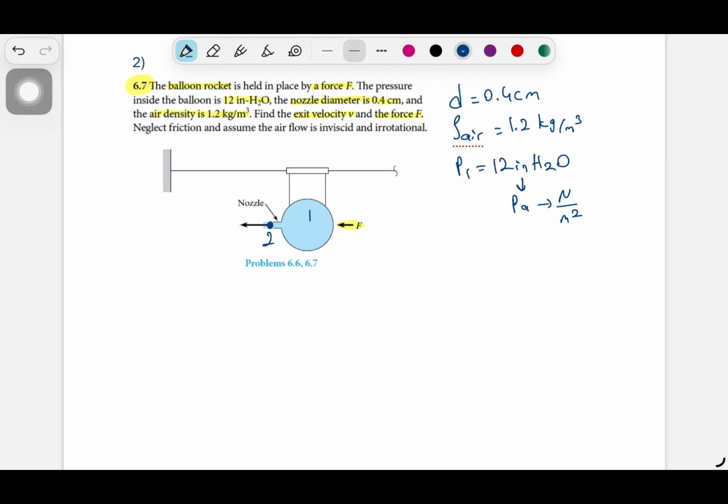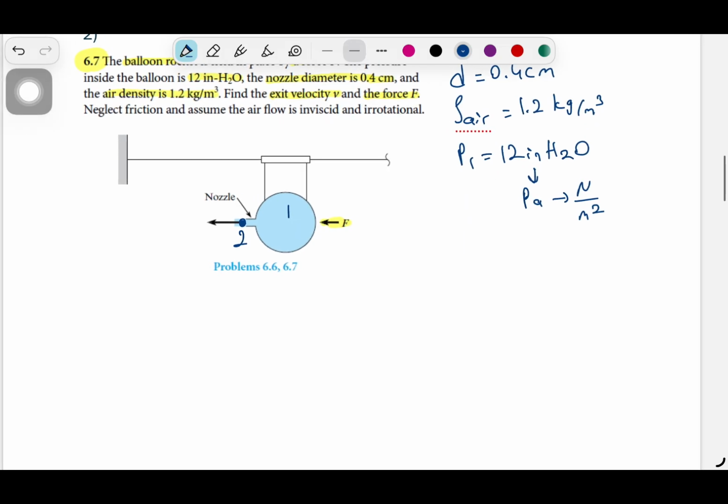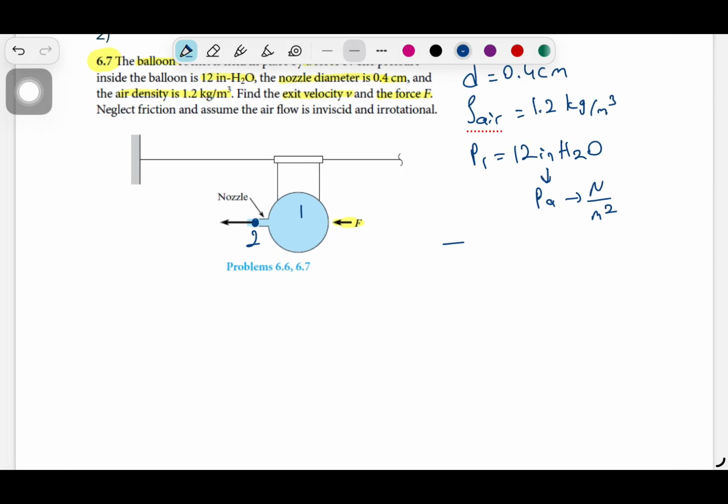We are doing that because all other terms are in centimeters, kilograms, cubic meters, so we need to use the same units. If you remember from previous weeks, pressure is equal to specific weight times height.